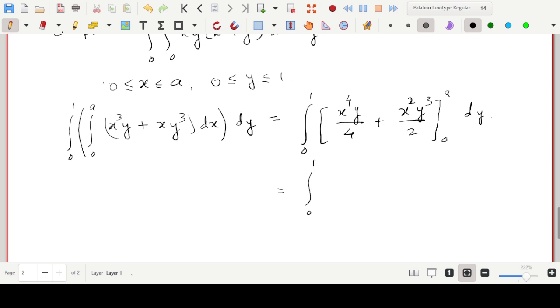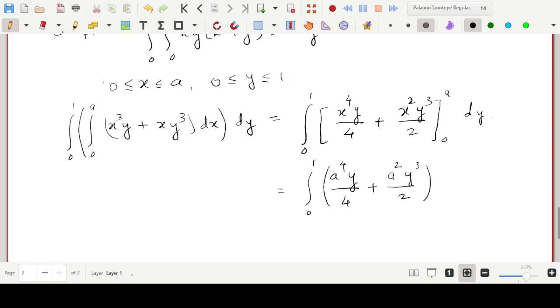Now let us substitute here the limits of integration. a to the power 4 y over 4 plus a square y cube divided by 2, and after substituting 0 everything becomes 0, so we need not write anything.